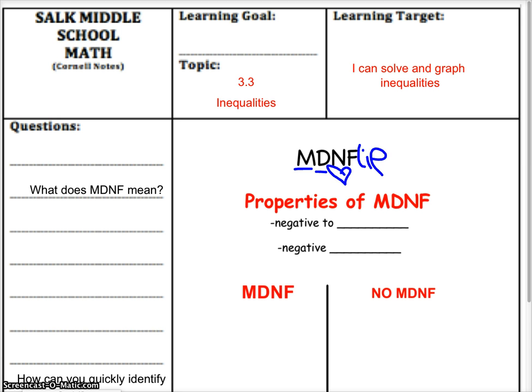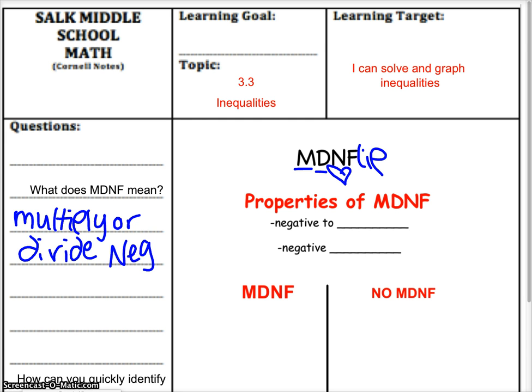So at the end, if the last thing you do is multiply or divide a negative, you have to flip the inequality.